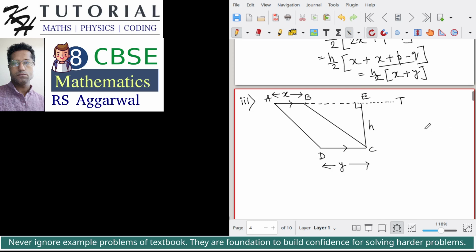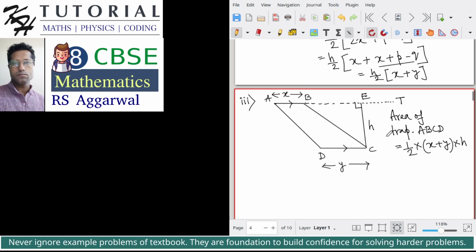So try to prove that the area of trapezium ABCD will be equal to half into X plus Y multiplied by H, where H is the height of the trapezium, that is CE.